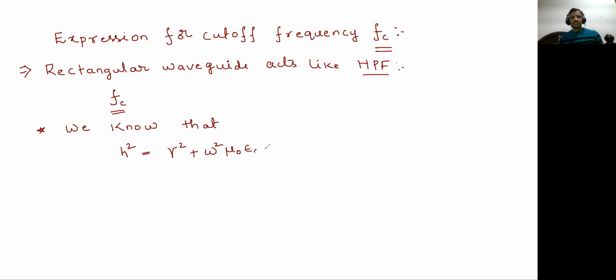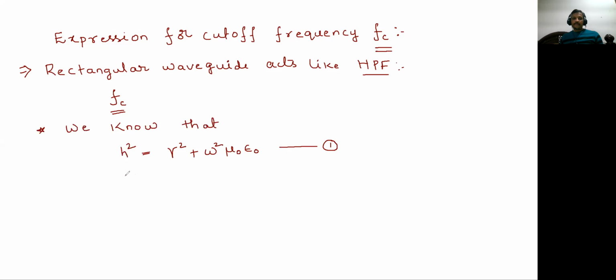This is an expression which we have calculated while solving the second order differential equations. h square is a constant, gamma is a propagation constant, omega is angular frequency, mu naught is permeability in free space, and epsilon naught is permittivity in free space.